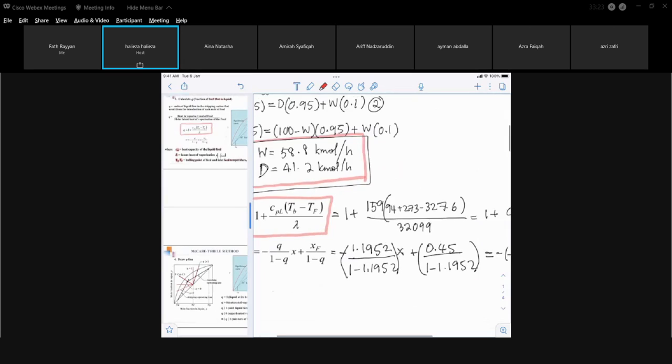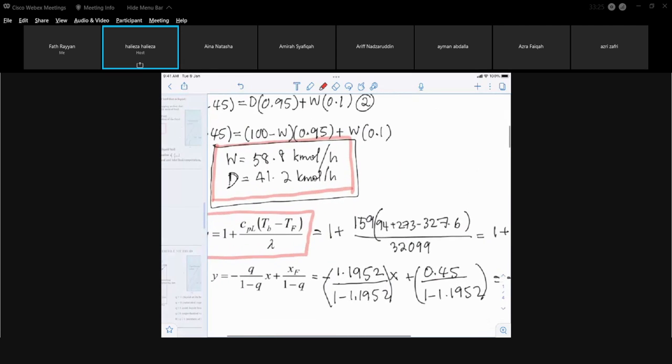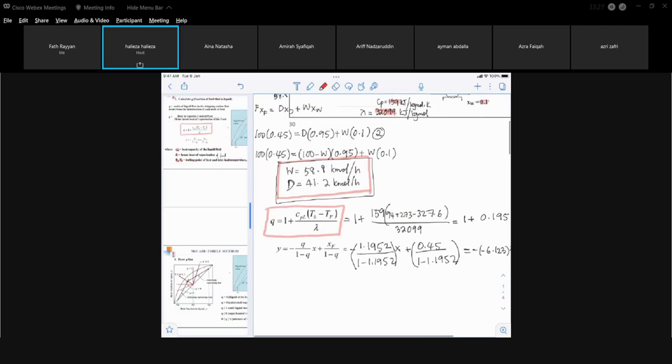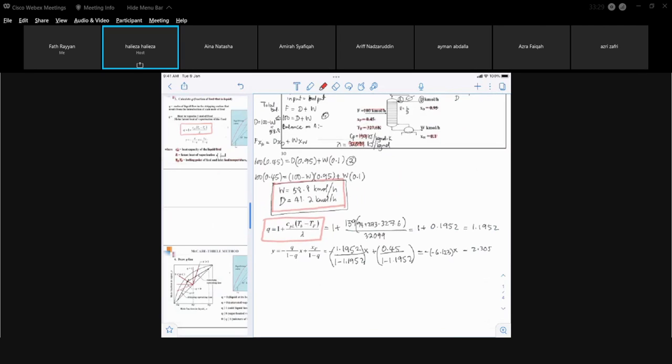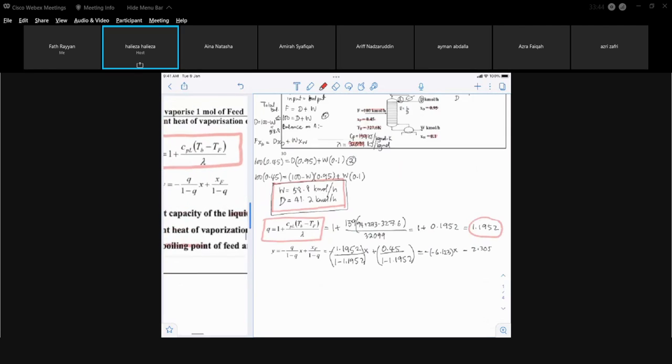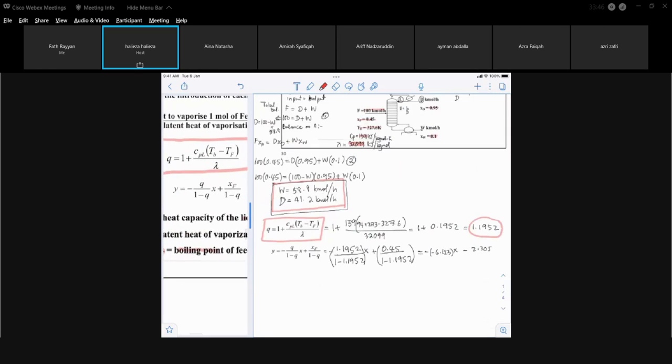We substitute the values inside the equation and you manage to get 1.1952. That is the value of your q. In order to draw your q line, you have the q line equation, which is that equation.